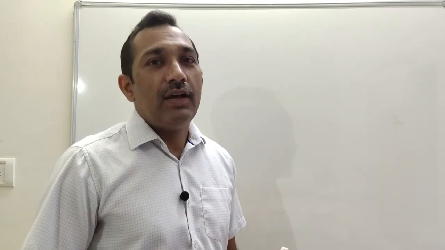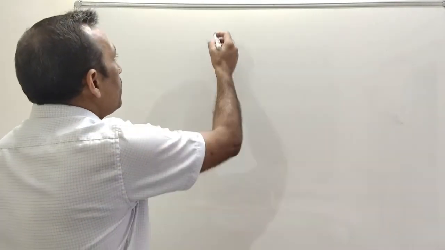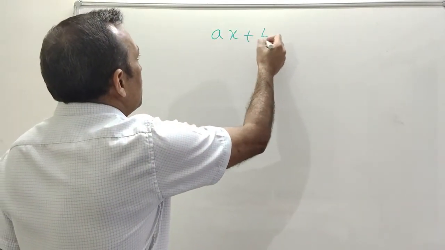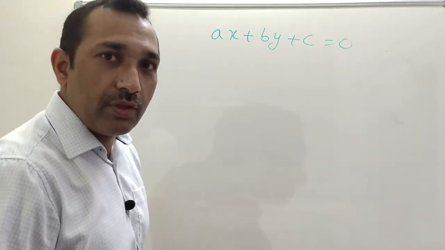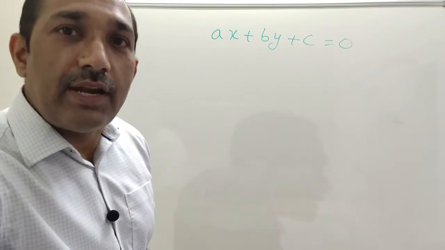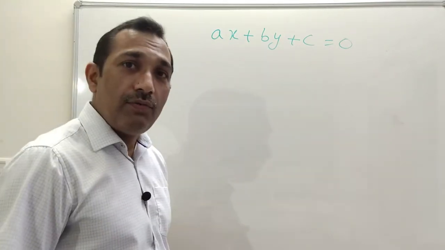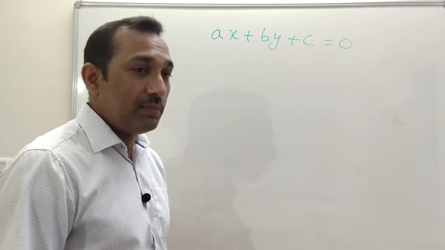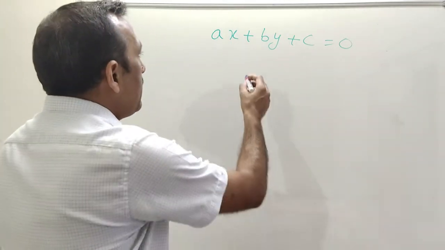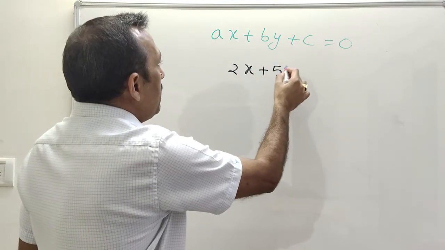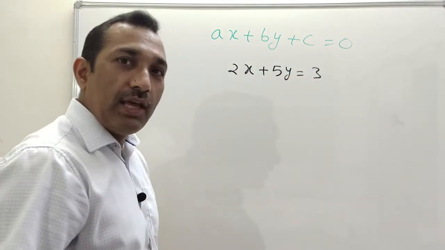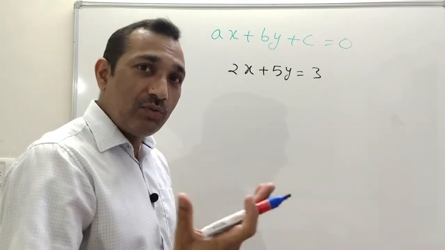Now let's look into the standard form of a linear equation with two variables. So the standard form is ax plus by plus c equal to 0. Right? Now if I am writing, say, 2x plus 5y equal to 3, and I need to write it in standard form, how to write?